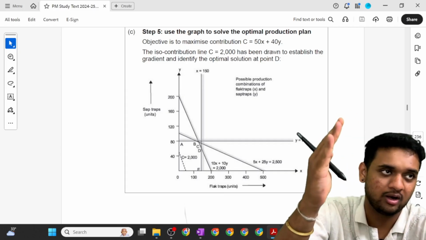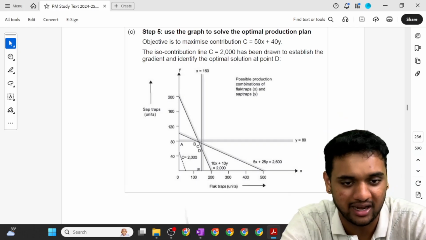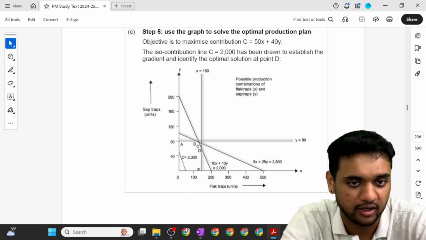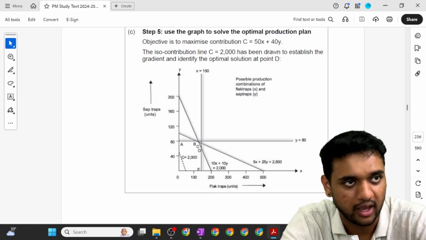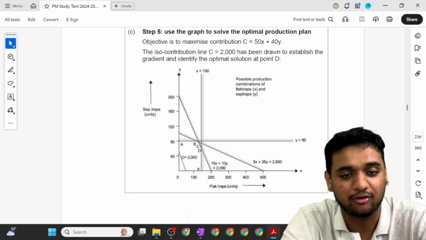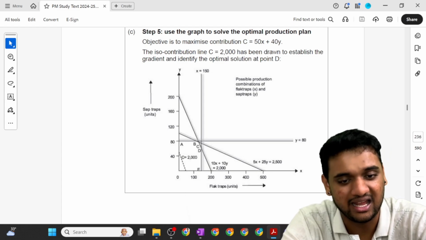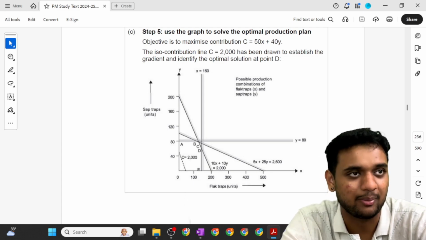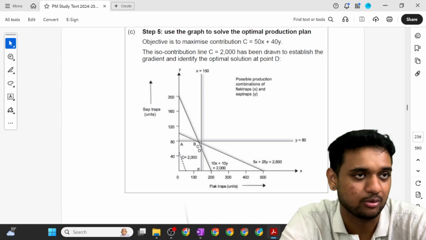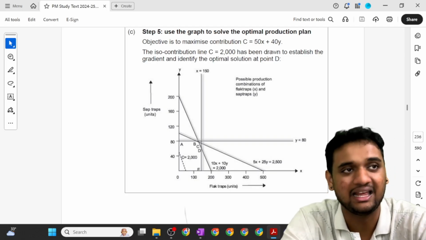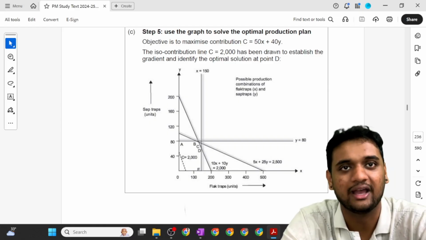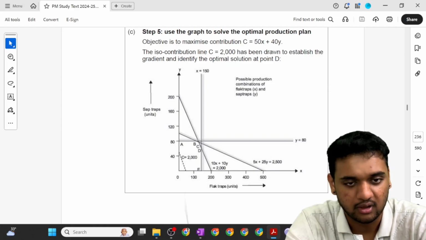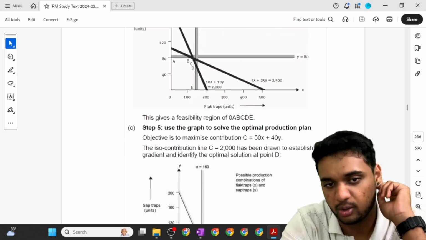Isocontribution line: go forward, whichever point the line touches last, that will be our point. If not, for A, B, C, D and E, take which point it represents, substitute, and whichever gives us the maximum contribution, take that point. But it is technically advisable to do it using the isocontribution line only.